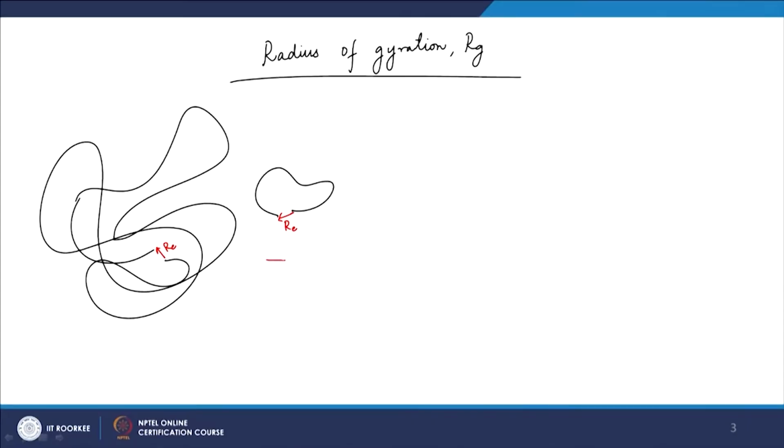It does not tell you also whether the chain is straight or folded. For example, the chain could also have been like this, a straight chain, also having the same Re value. So although it is a very useful quantity, the Re does not characterize the size of the polymer chain.